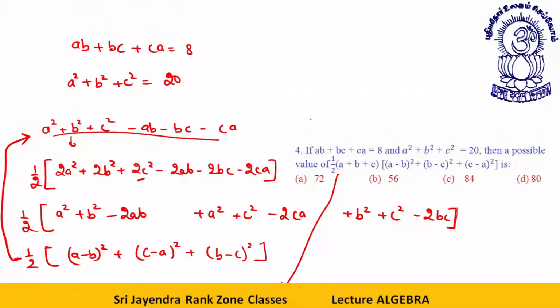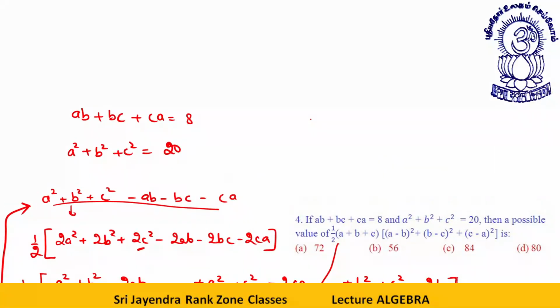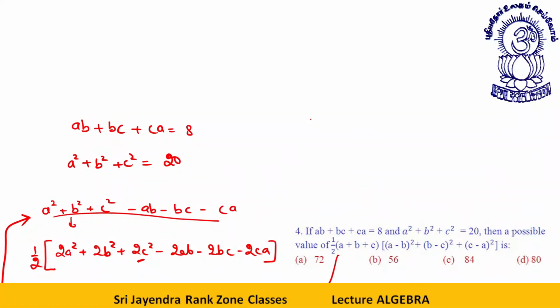See, let me find it here. We know (a plus b plus c) square is equal to a square plus b square plus c square plus double of (ab plus bc plus ca).